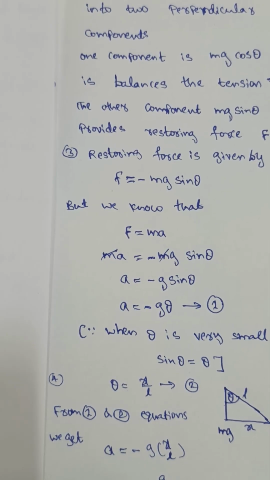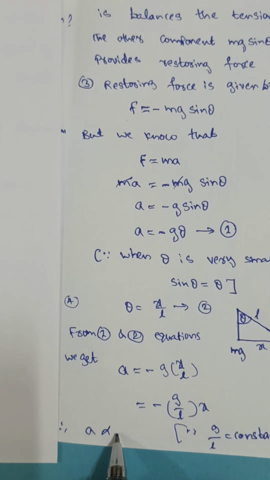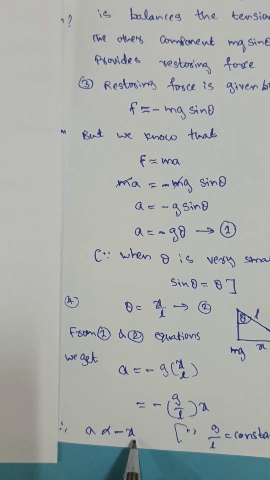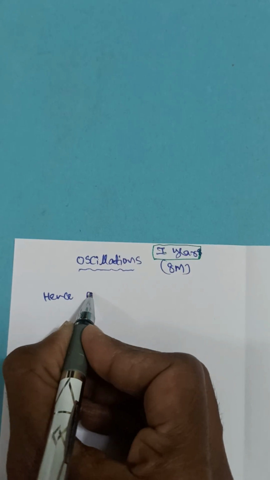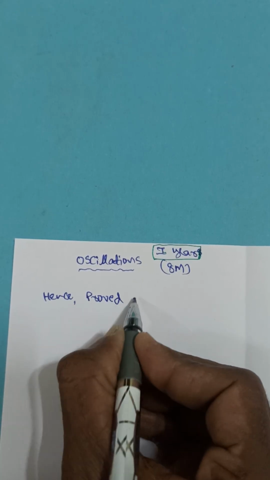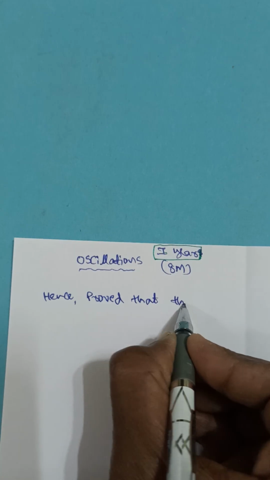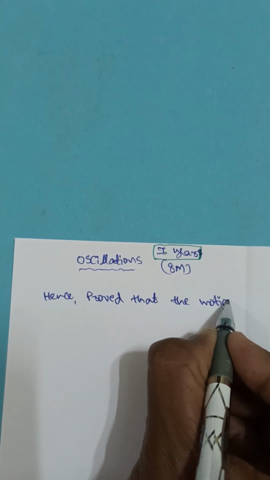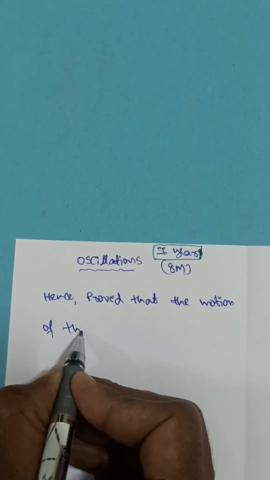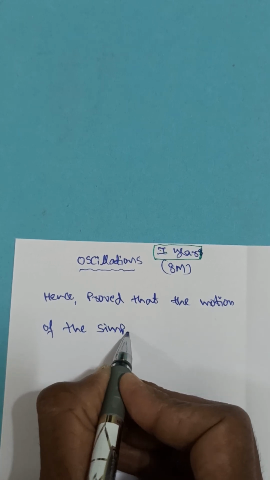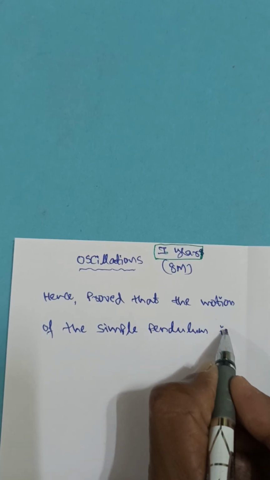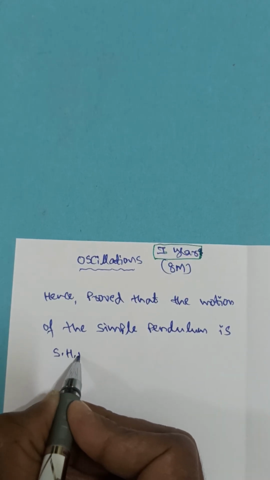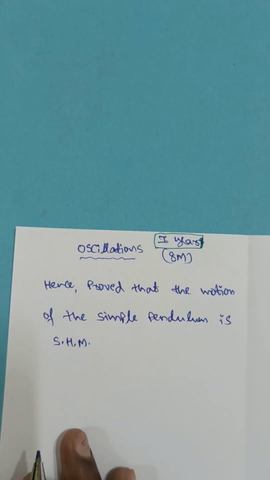Therefore a is directly proportional to minus x. Hence proved that the motion of the simple pendulum is SHM, simple harmonic motion.